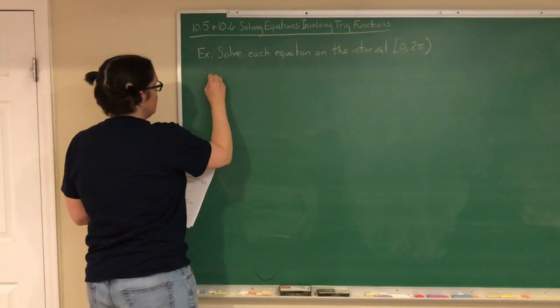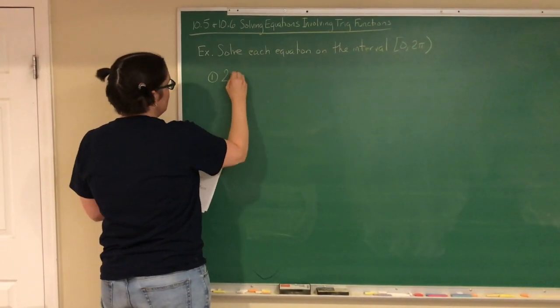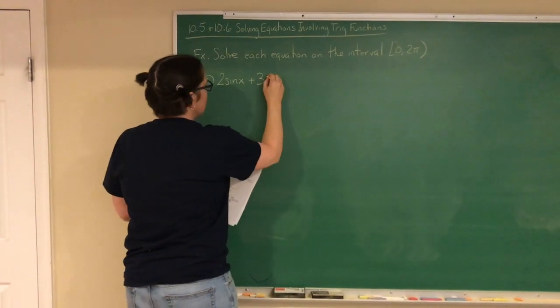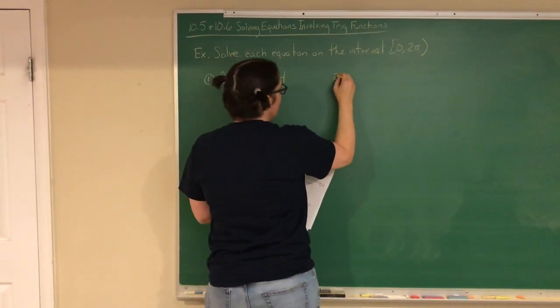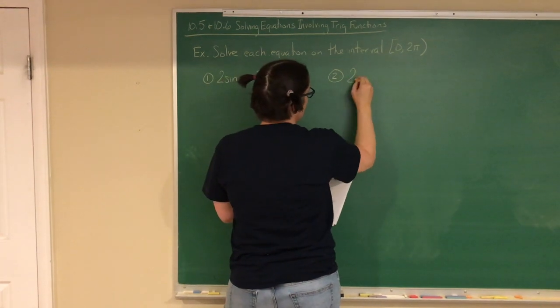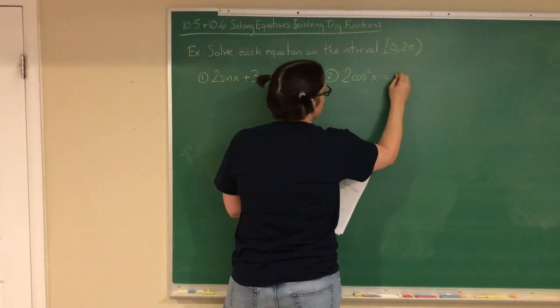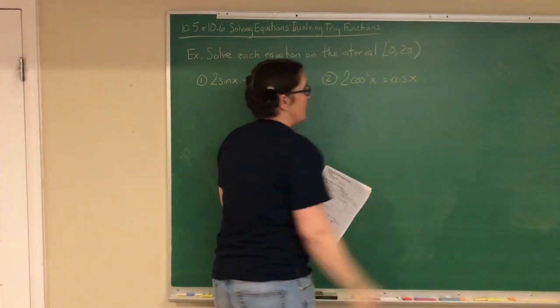Our first equation is 2 times the sine of x plus 3 equals 4. And our second equation is 2 cosine squared x equals cosine of x.